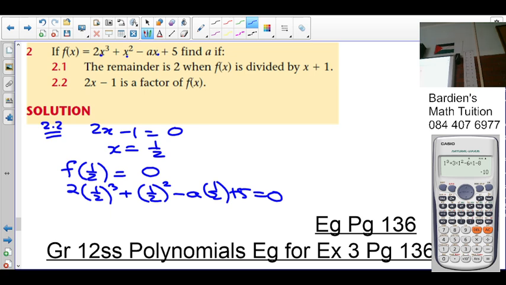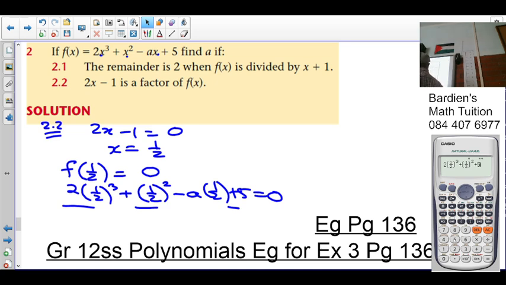Okay, so that I can all put in the calculator. So that's going to give us 2 times half cubed plus half squared plus 5.